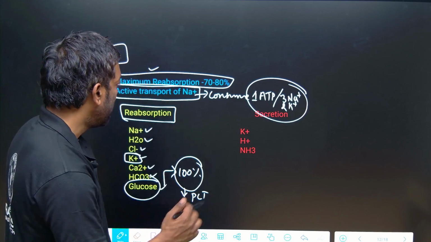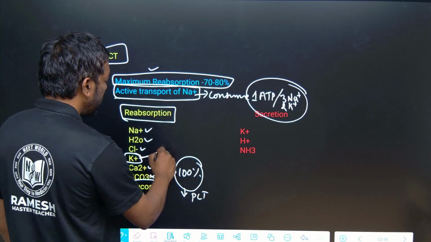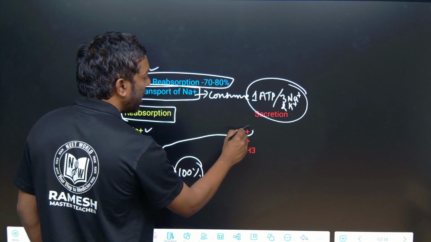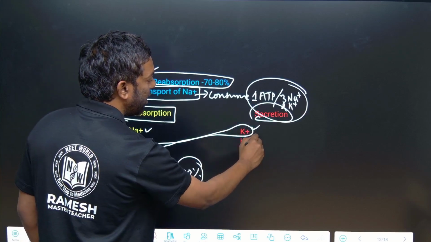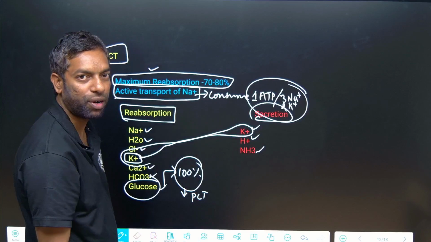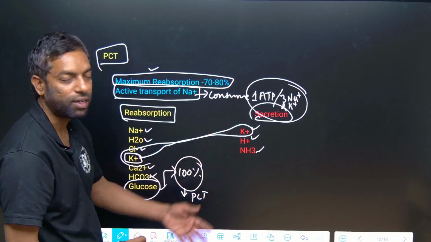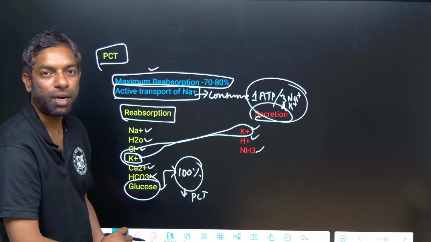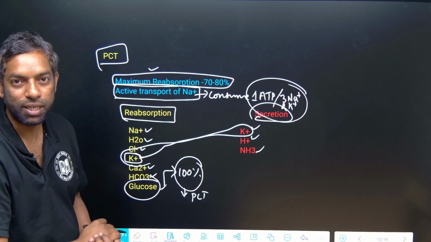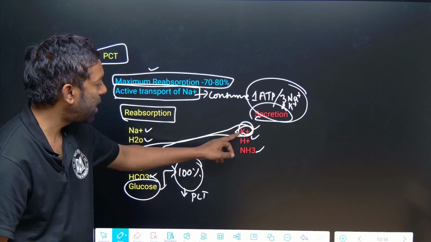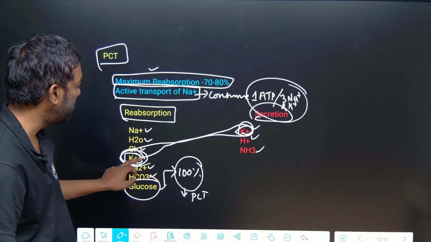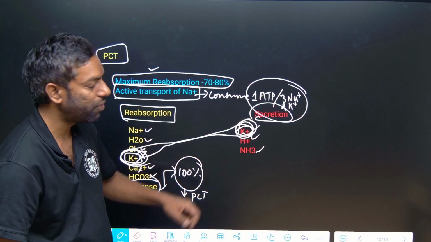This is the scenario of K plus reabsorption and K plus secretion. Secretions are potassium, hydrogen, and ammonia. Ammonia is very toxic, so it should be eliminated in the initial region, the PCT. So potassium reabsorption and secretion both take place.